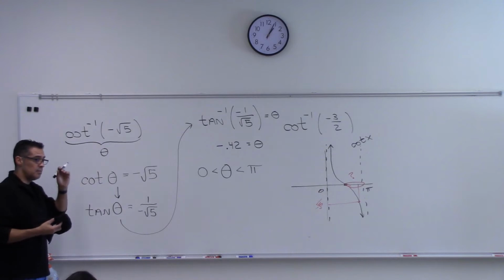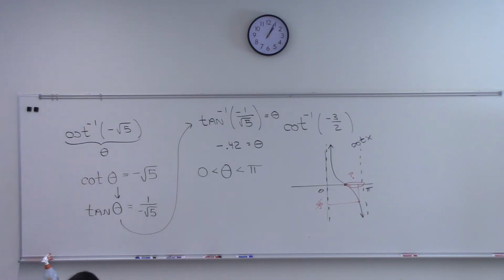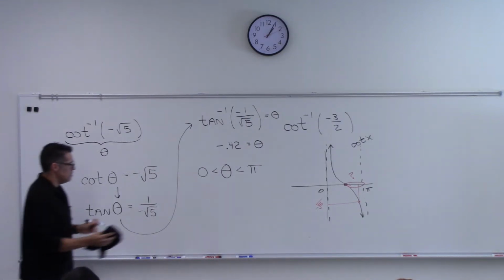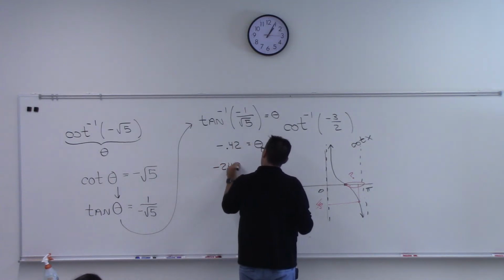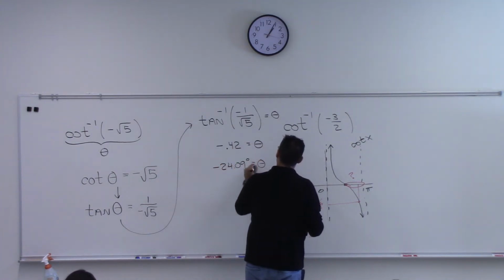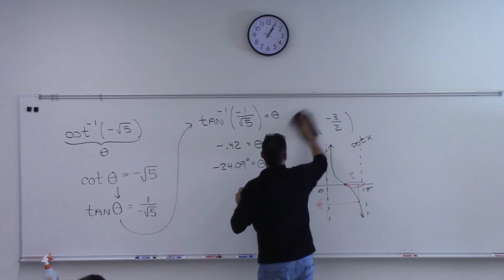Would degrees also work? Let's do it in degrees as well. Does anyone have it in degrees? What'd you get? Negative 24.09 degrees is theta.